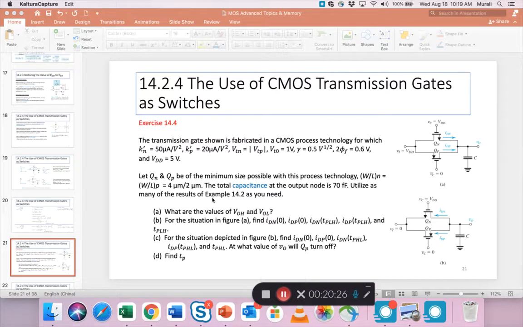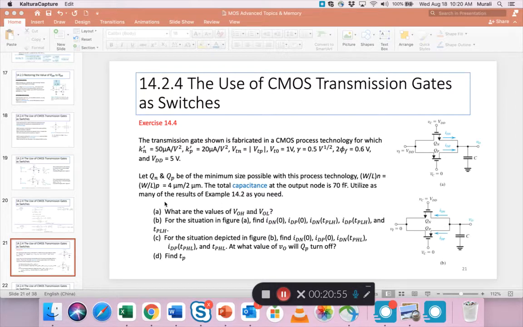The basic information about the devices is all a repeat of what we saw in the previous example, right? Same data. So that makes it a little bit easy, and he says, use the information or the results you found in the previous exercise as much as you need. So it helps us save a couple of steps, not a whole lot.